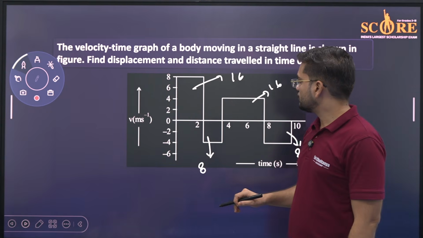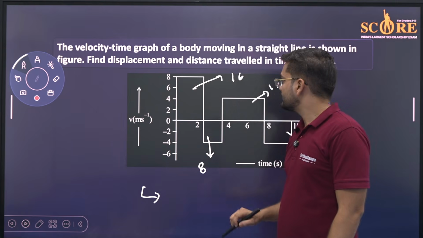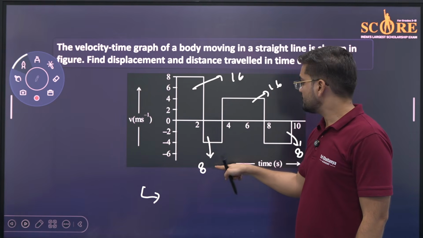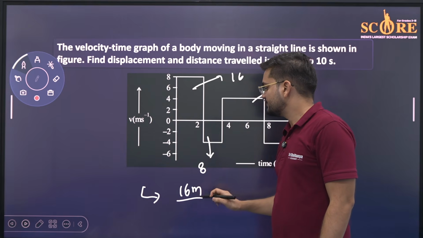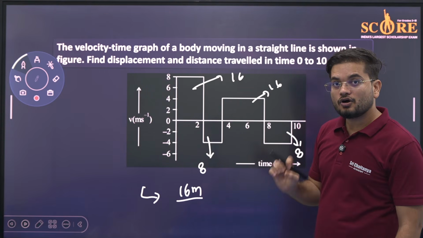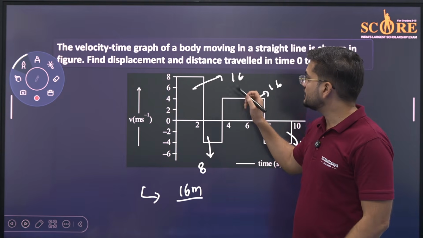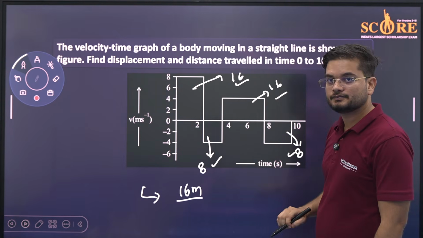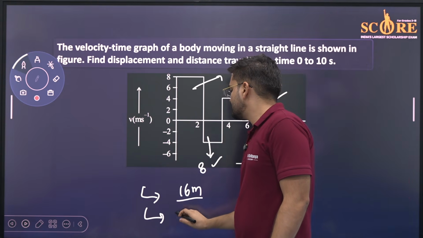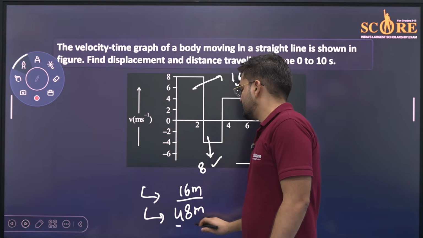So the total displacement will be 16 plus 16 minus 8 minus 8. So it will be 16 meter, and distance traveled is not negative. So the distance traveled will be 16 plus 8 plus 16 plus 8. So the distance traveled will be 48 meter.